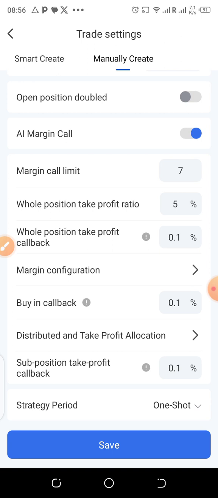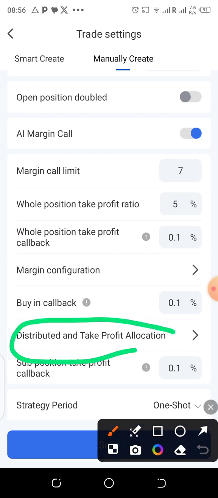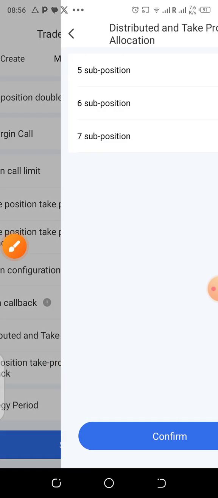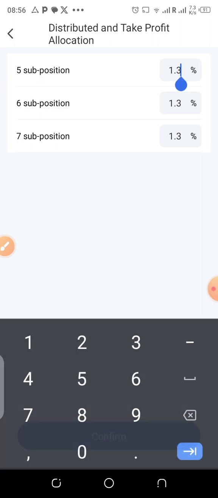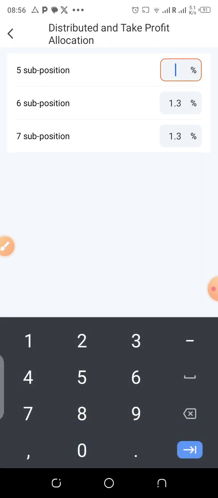That is the distributed take profit allocation. Here we are going to set what profit you want to take. Let me say I want to take a profit of 2% in the sub-bin mode.